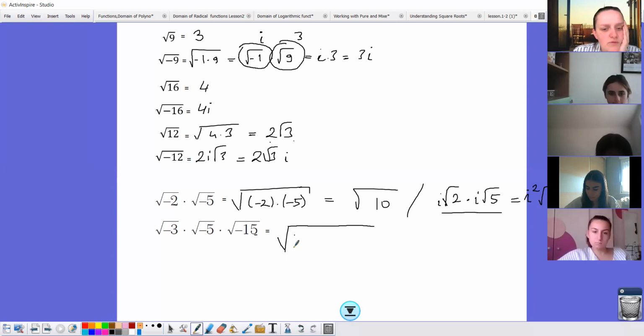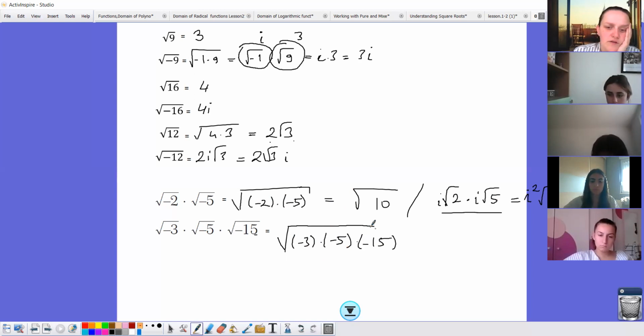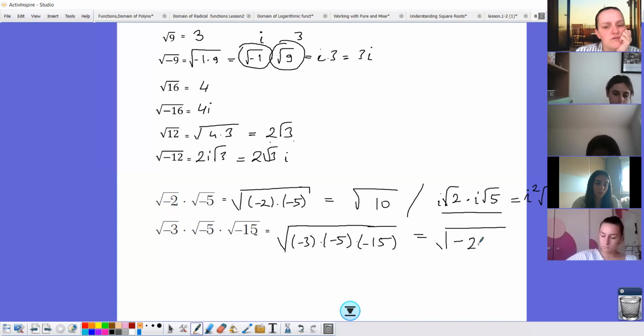Okay. So I will take -3, -5, and -15 together. Minus times minus will be plus, times minus will be minus again. Then I have 3 times 5, 15, 15 times 15, 225.